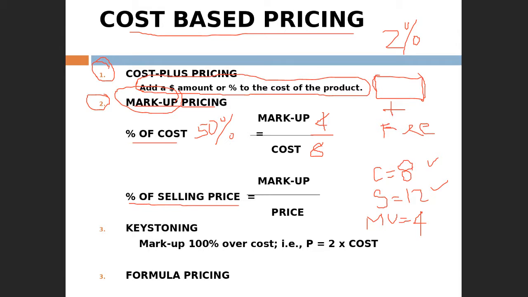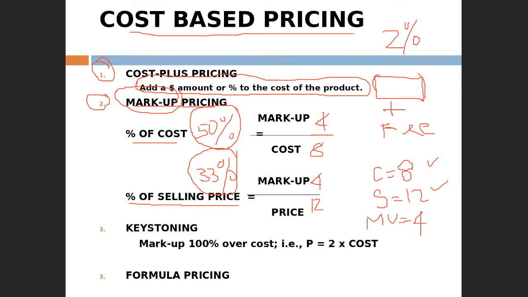But when I express the same markup as a percentage of selling price, see what happens. It is 4 over the selling price. What's the selling price? $12. So as a percentage of selling price, the markup is approximately 33%. Two ways of expressing the same number, a $4 markup.